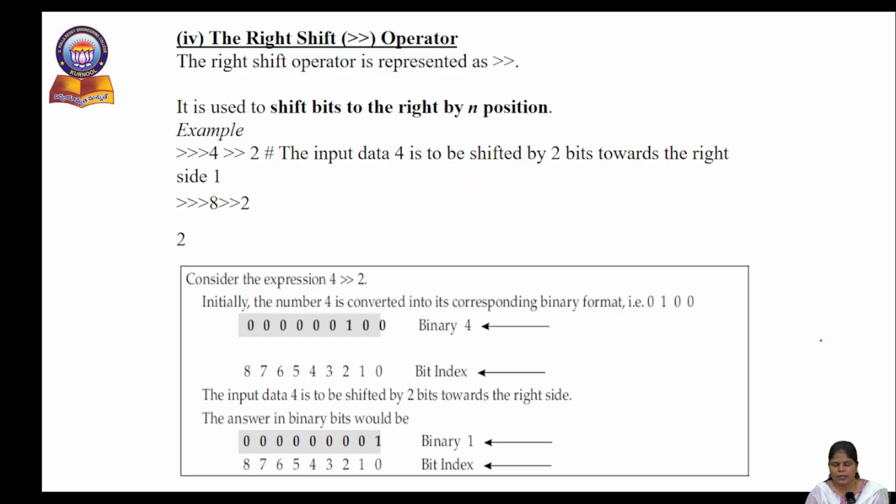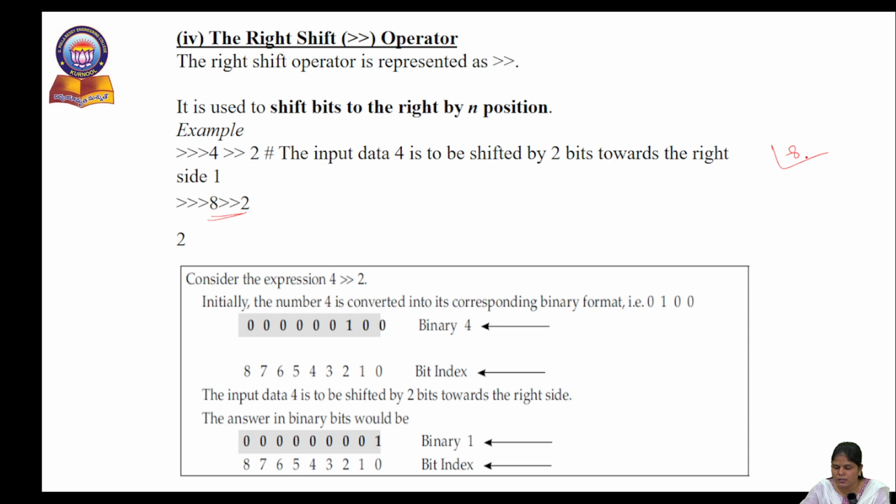Otherwise what? 1. Right? Same program, but here the numbers will be converted into the binary format. So coming to the right shift, here we have a shifting of the bit places. So let me take the value 8.